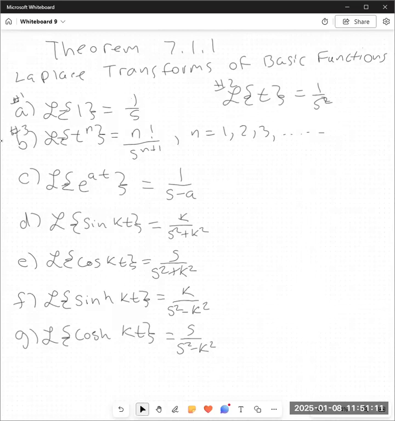Skip down some, and this one is number 7 on the chart. This one is number 8. This one is number 11. Then these are 14 and 15 on that chart in the front of the textbook, or in Appendix C.